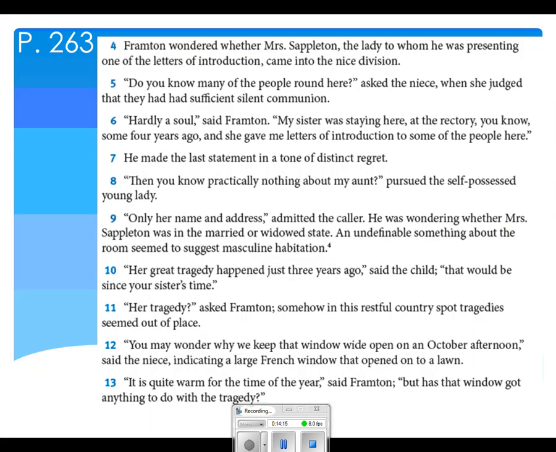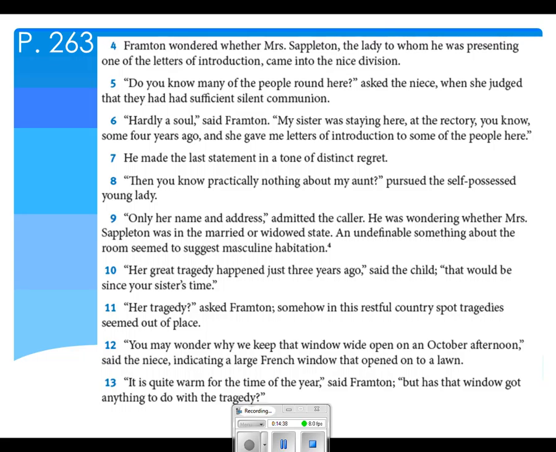So I'm at the top of page 263. Frampton wondered whether Mrs. Stapleton, the lady to whom he was presenting one of the letters of introduction, came into the nice division. Do you know many of the people around here? asked the niece, when she judged that they had had sufficient silent communication. Hardly a soul, said Frampton.